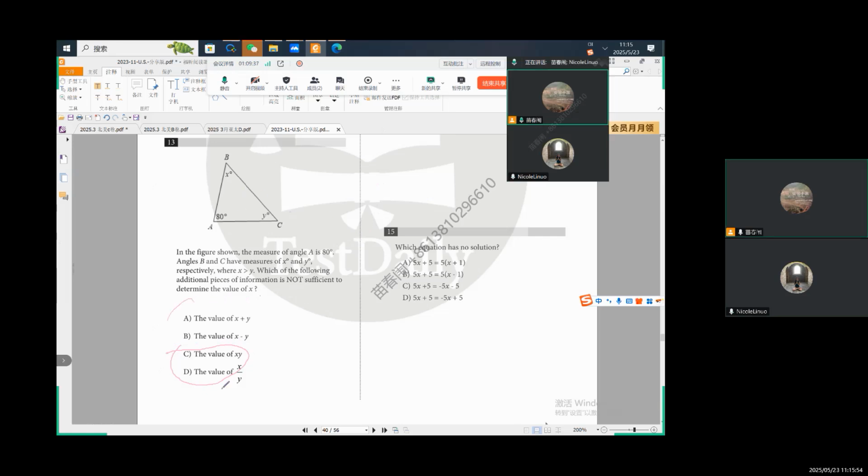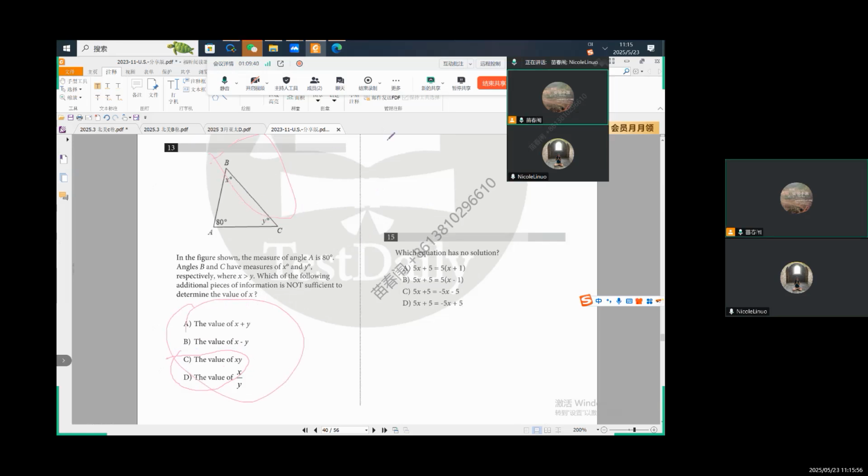If they don't provide me anything, what I get is only X plus Y, which is 100, right? This is what's in my hand already. And they need to provide something, because so far we can't really get X. But if they provide me something else, then I can find it.